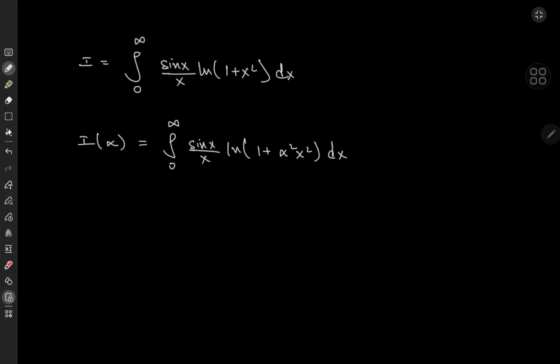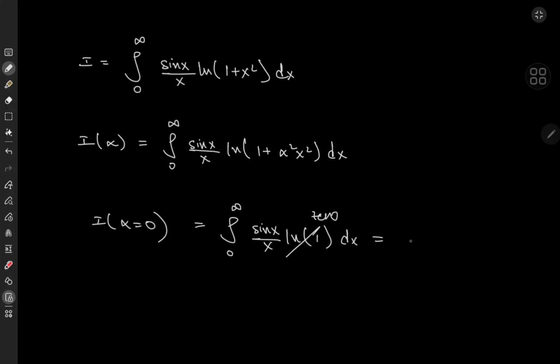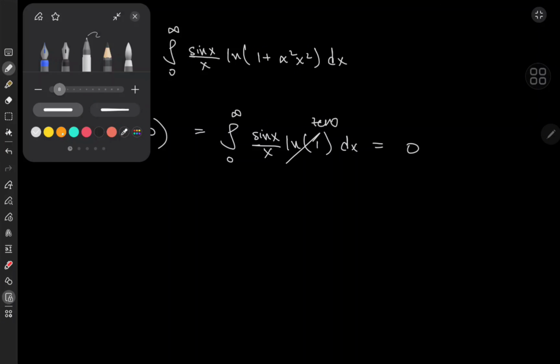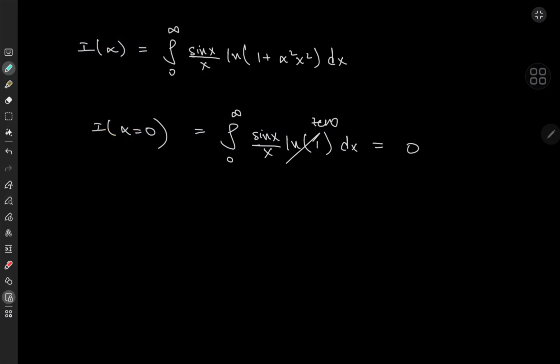The reason I'm placing the parameter into the logarithm is that if I plug in alpha equal to 0, I very conveniently have the integral from 0 to infinity of sine x over x times the logarithm of 1, which of course equals 0. So that means I of 0 is 0, which is a very useful initial value type condition that will be invaluable later during our solution development.